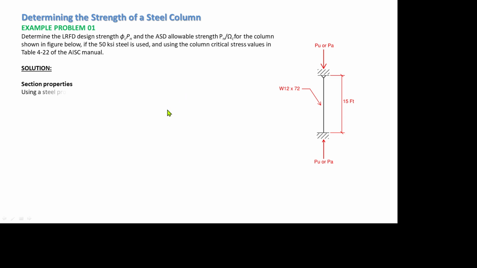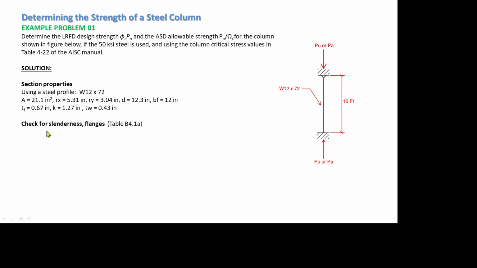The section properties of this W12 by 72 steel column: we have the area, the radius of gyration along the x-axis, and the ry, which is 3.04, the depth of 12.3 inches, the width of the flange of 12, the flange thickness, the web thickness, and we also have the k value here.